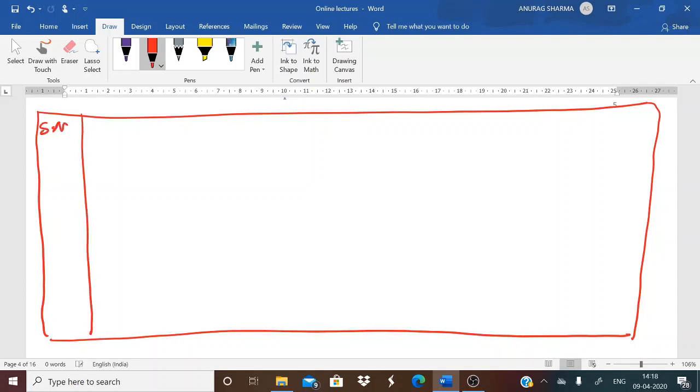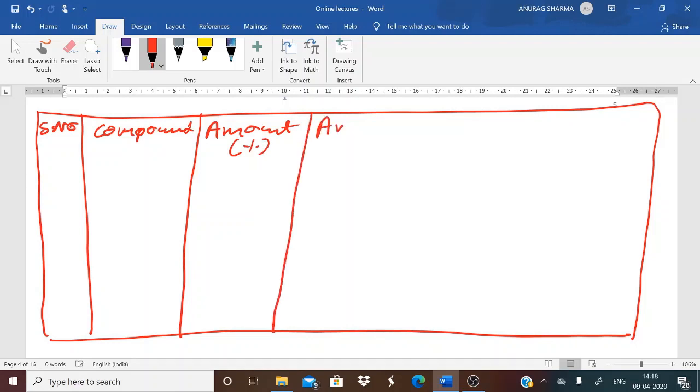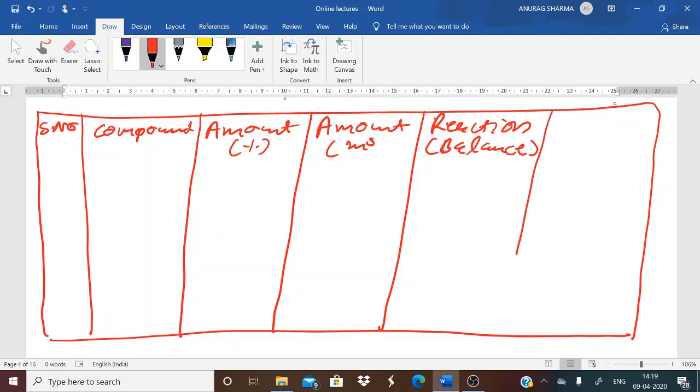First is serial number, compound, and then amount in percentage, and amount in meter cube, and then reaction, balanced reaction, and then required oxygen, with unit in meter cube. So this is our table.